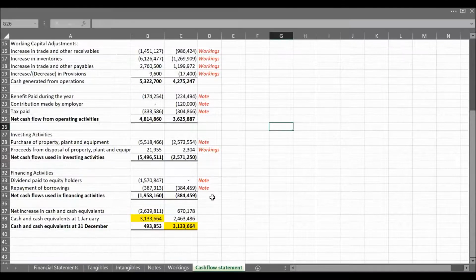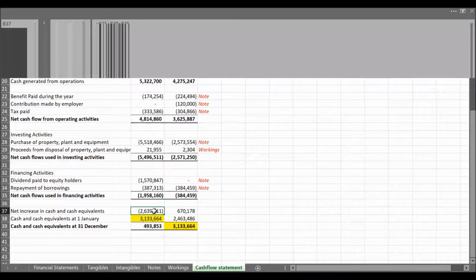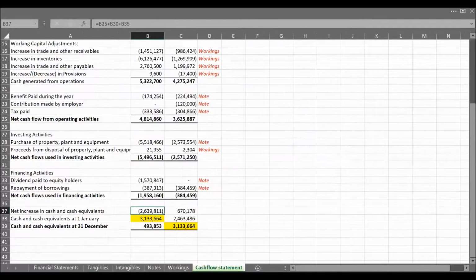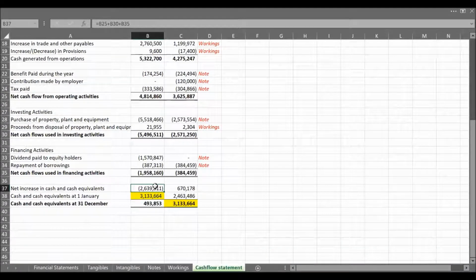Note that the net increase or decrease in cash and cash equivalent is the movement between the cash and cash equivalent for the year. So I can say equal to this minus this. Note we are having 2.537, and here we are having 2.639811.